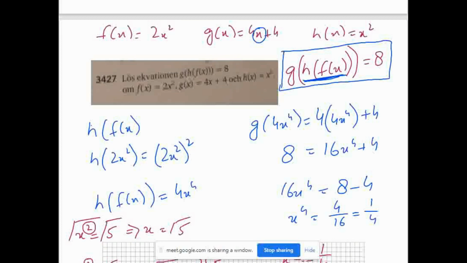This one was hf(x). So this will be 4x^4. That's right. And here this will be gf(x). So this will be 16x^4 plus 4. This one is also right.